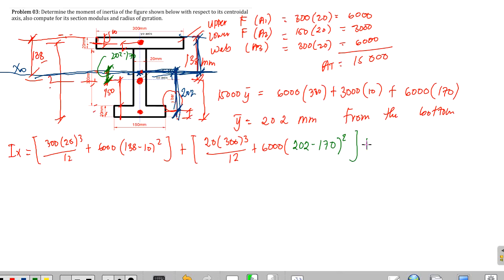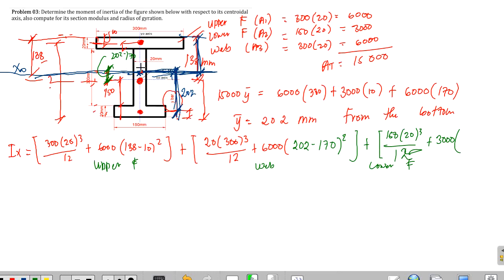Plus the lower flange. For the lower flange, that is equal to 150 times 20 cube over 12 plus the area, that is 3,000, times distance.